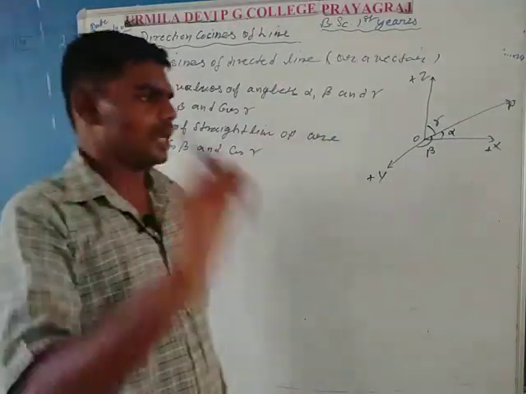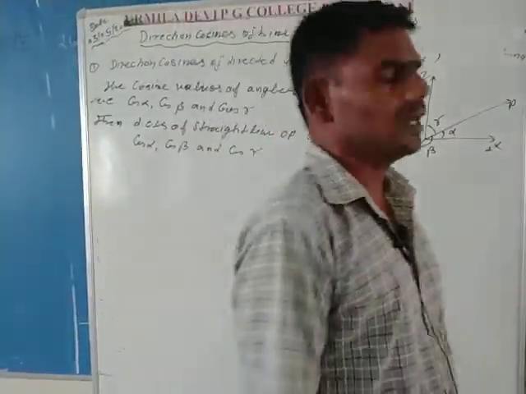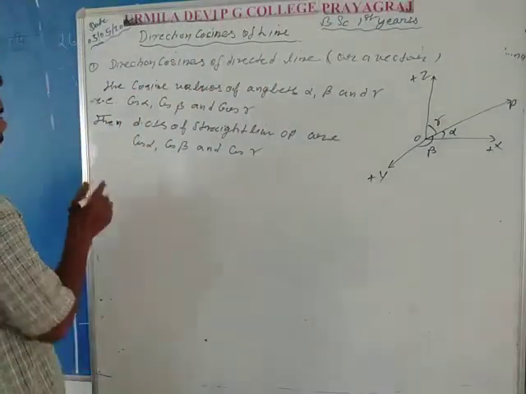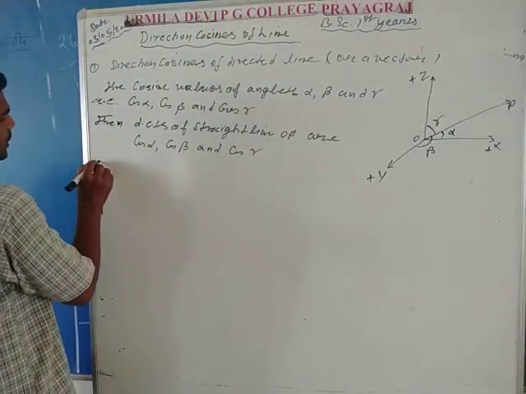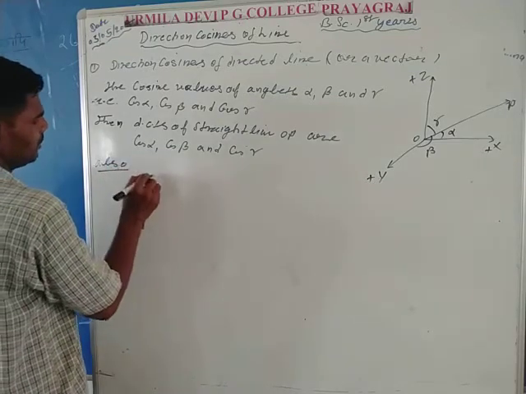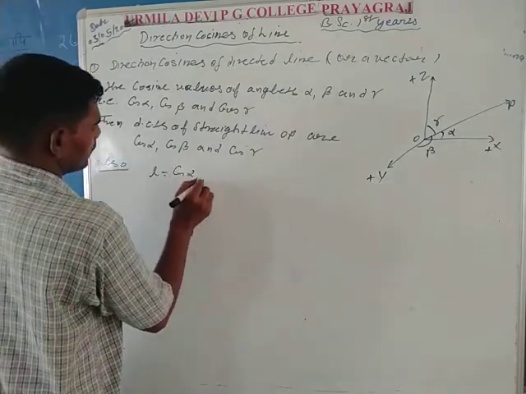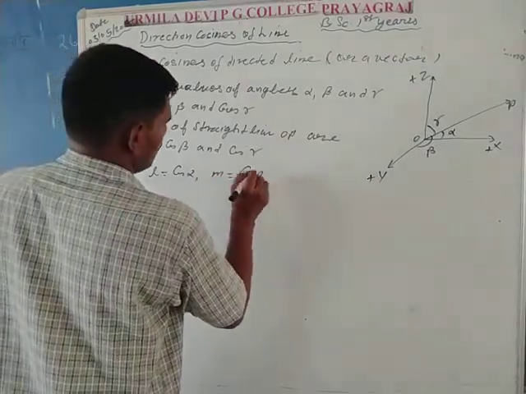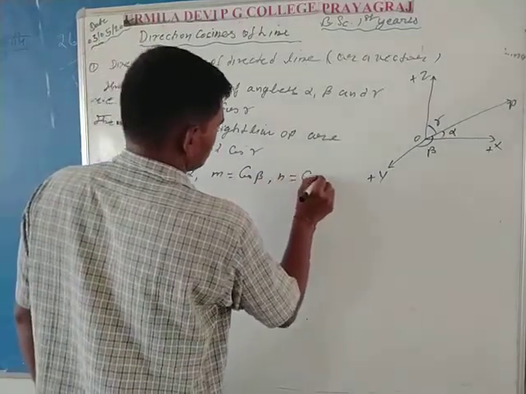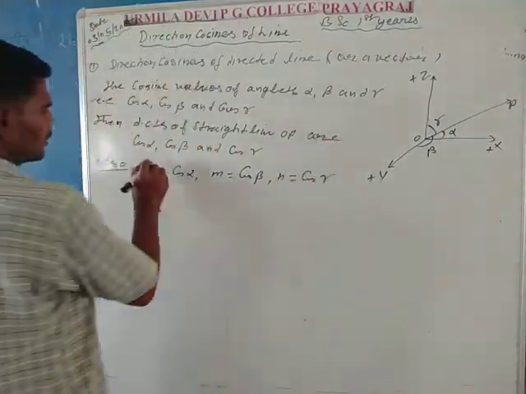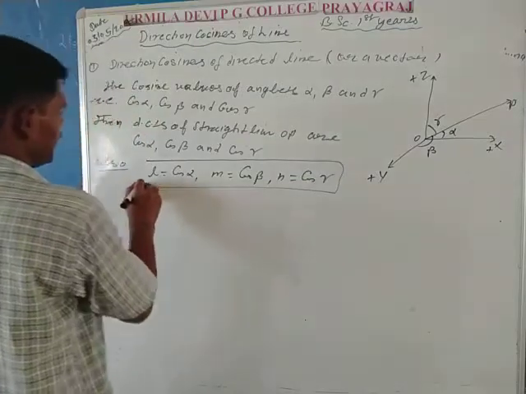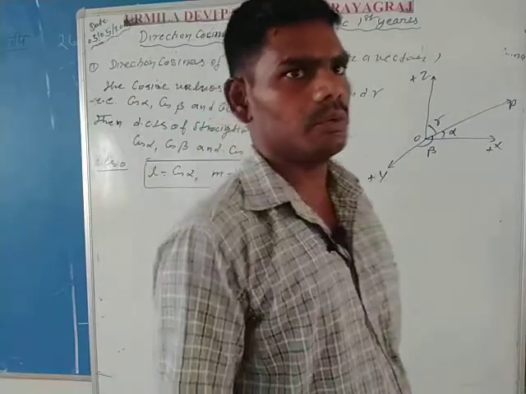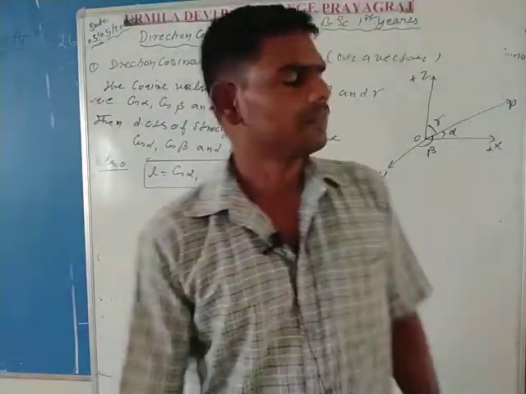In some books they are also denoted by small l, m, n or capital L, M, N. So small l is equal to cos alpha, small m is equal to cos beta, and small n is equal to cos gamma. These are the direction cosines of the straight line OP, meaning the directed line OP, or you can call it vector OP.